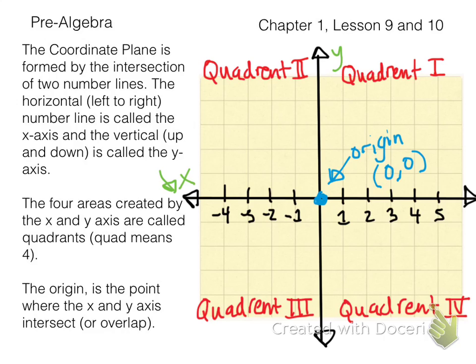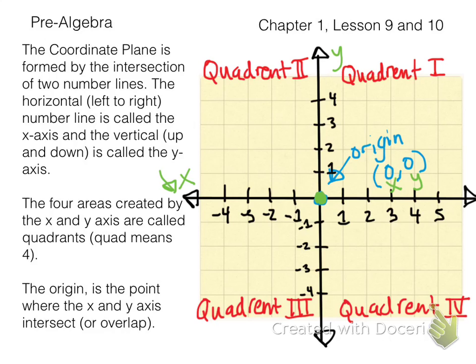When we deal with the y-axis, the positive numbers are going up and the negative numbers are going down. Now the point where the two axes intersect, right here, it was blue before, now it's going to be green, is what we call the origin. That's where the 0 part of the x-axis and the 0 part of the y-axis hit each other. So we call the origin 0, 0, because it's 0 on the x and 0 on the y.